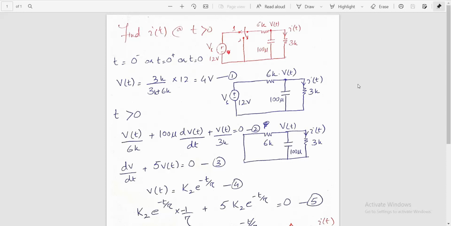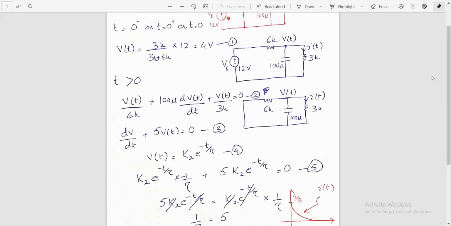At time t is equal to 0, or just before, t is equal to 0 minus, the DC voltage source is connected to a circuit which has a capacitor in it. So what do you think? Before the operation of the switch, the capacitor is connected to the source through a resistance. So it will be charged to its maximum capacity, right?